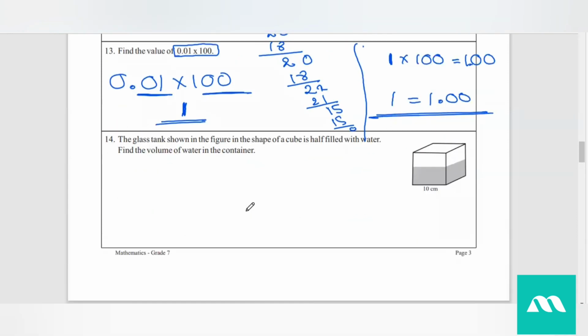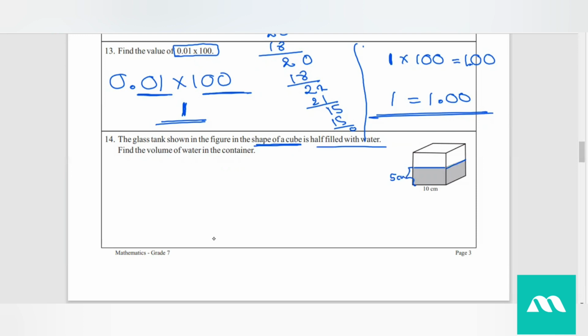Okay. A glass tank shown in the figure, in the shape of a cube, is half filled with water. Okay, මේකෙන් භාගයක් පිරලා තියෙනවා. Find the volume of water in the container. They have given that this is the shape of a cube. If it is filled with half of the water, this height should be 5 centimeters.